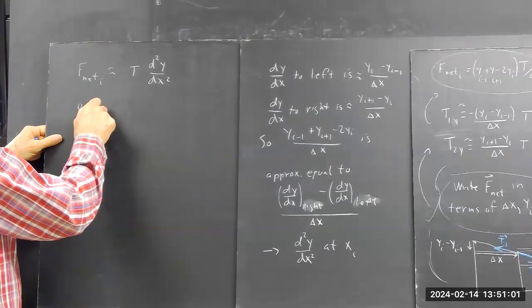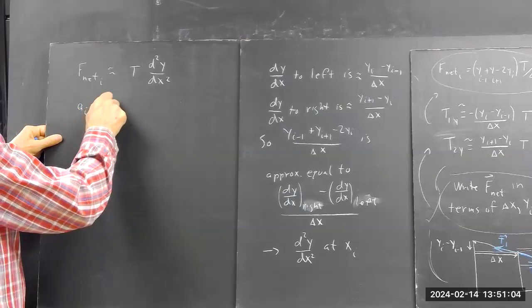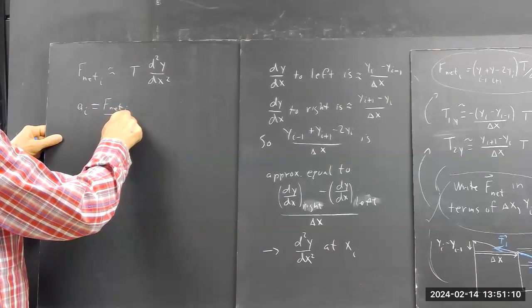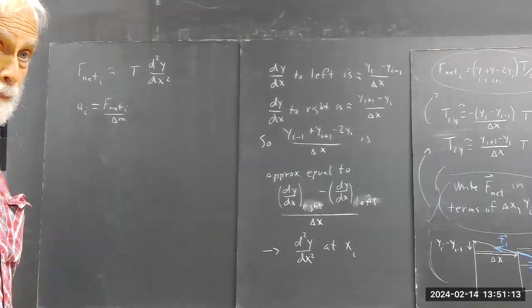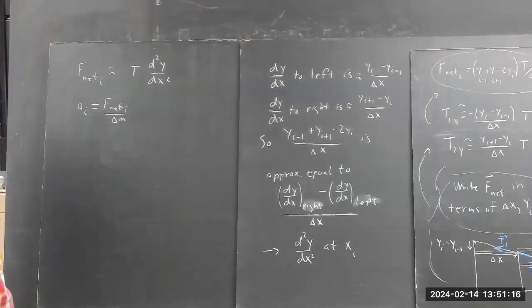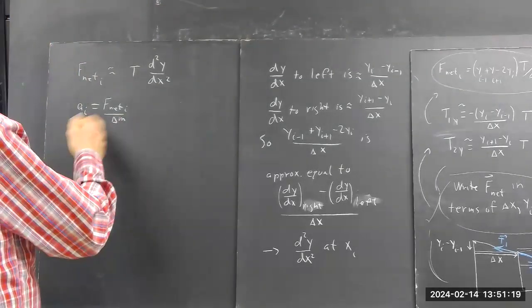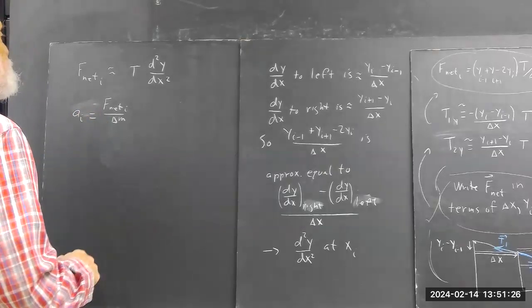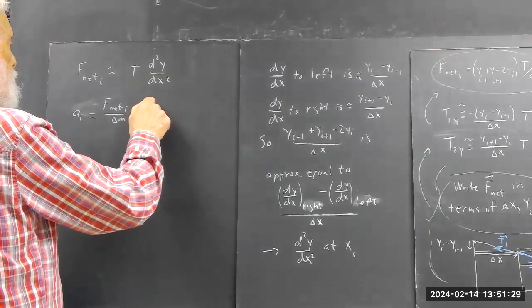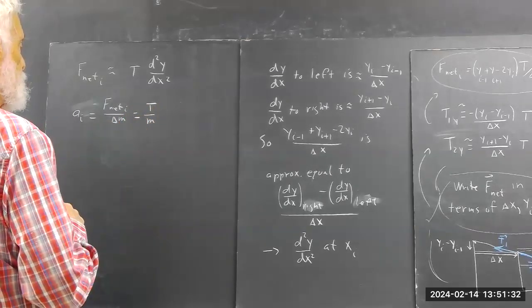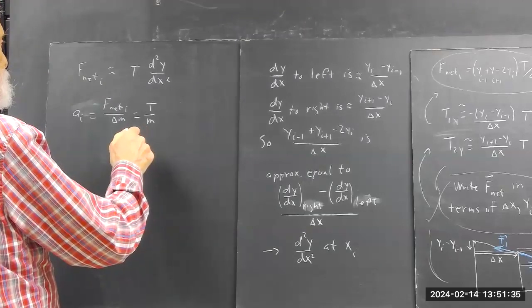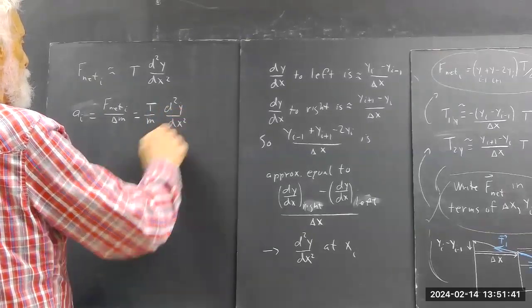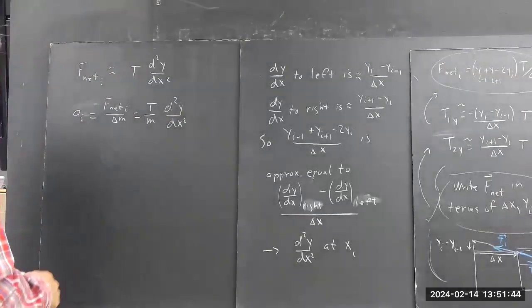The acceleration of i then is equal to F net i over the mass, which is tension over mass times the second derivative of y with respect to x.